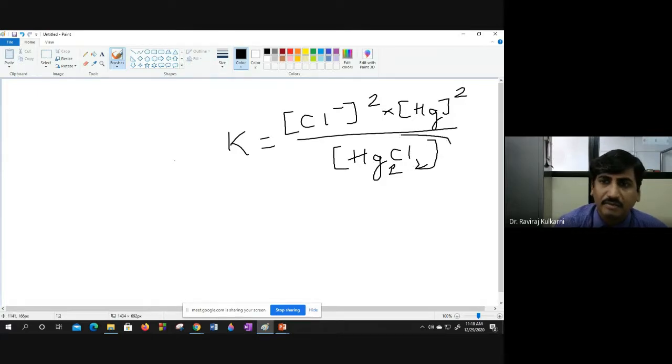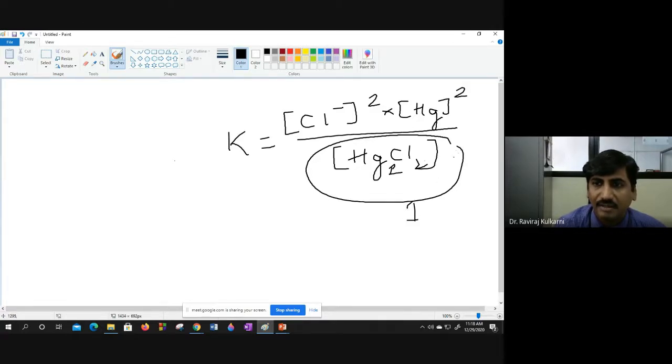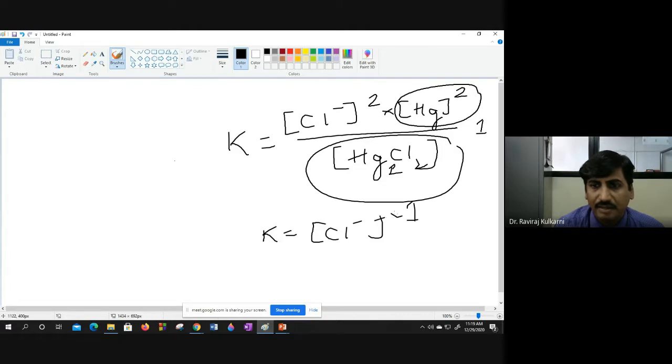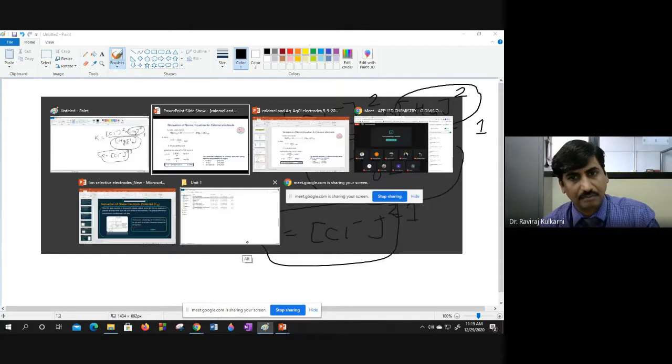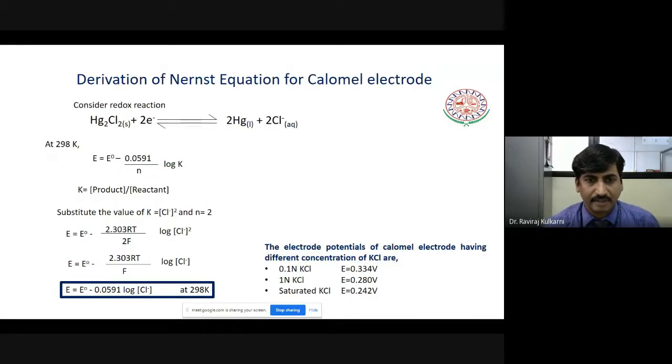This value is 1 because it is a solid. This also, mercury metal liquid, but it is insoluble in water. Its value is also 1. So K is what? Concentration of Cl minus square. So this is what I have written directly here.